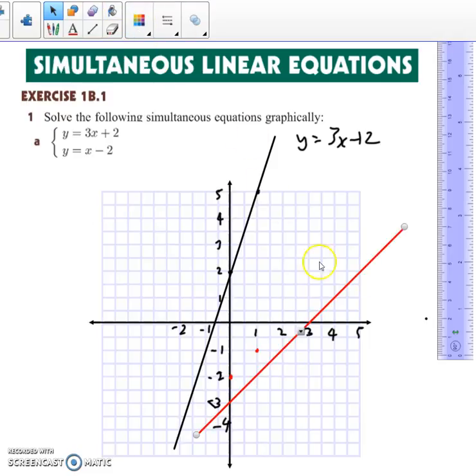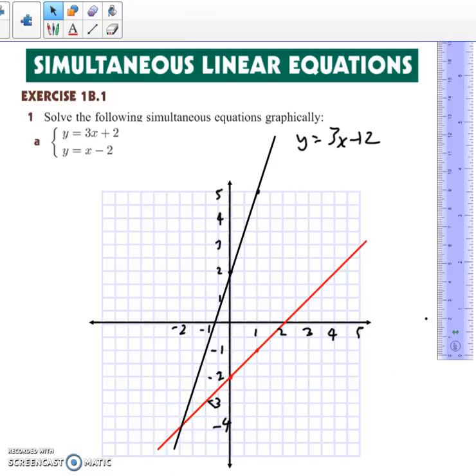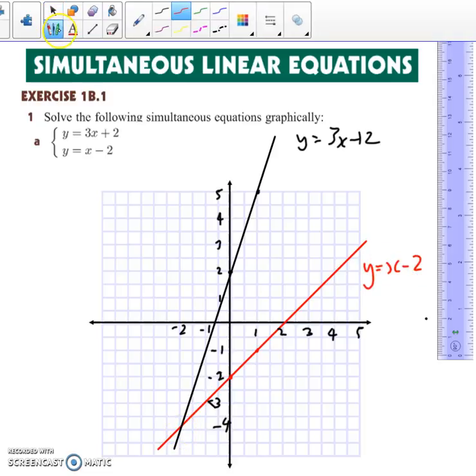Now we bring that one in, put it through the y-intercept and through our point, and see that they both do have a meeting point, so it does mean that they have a solution. We write what the rule for that line is, y equals x take 2. It's this point here where they both cross over, they intersect, so it's an intersection point.